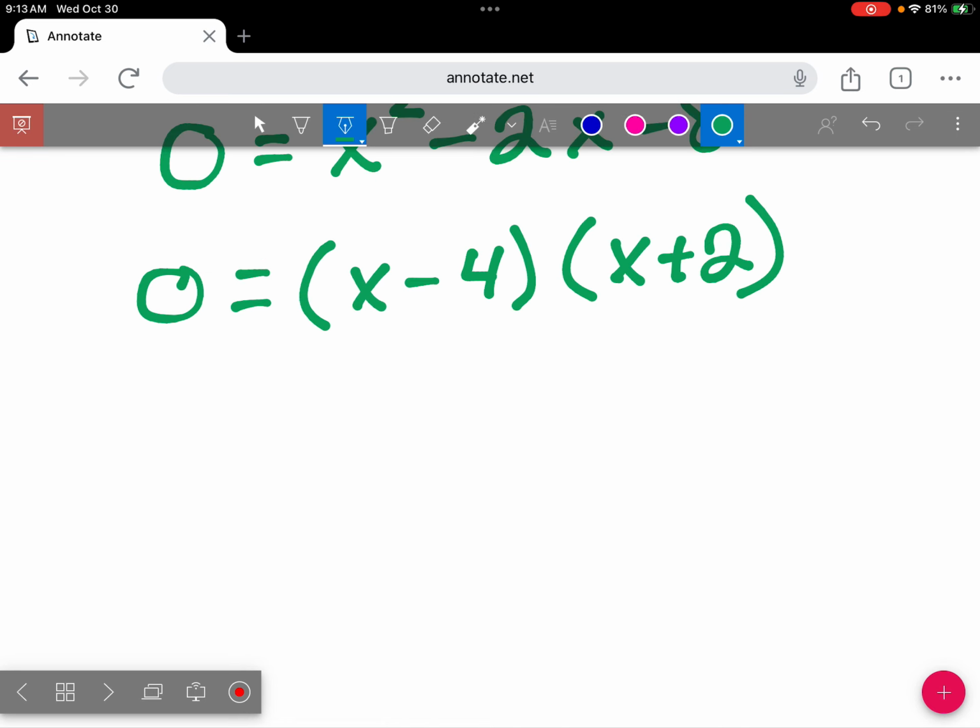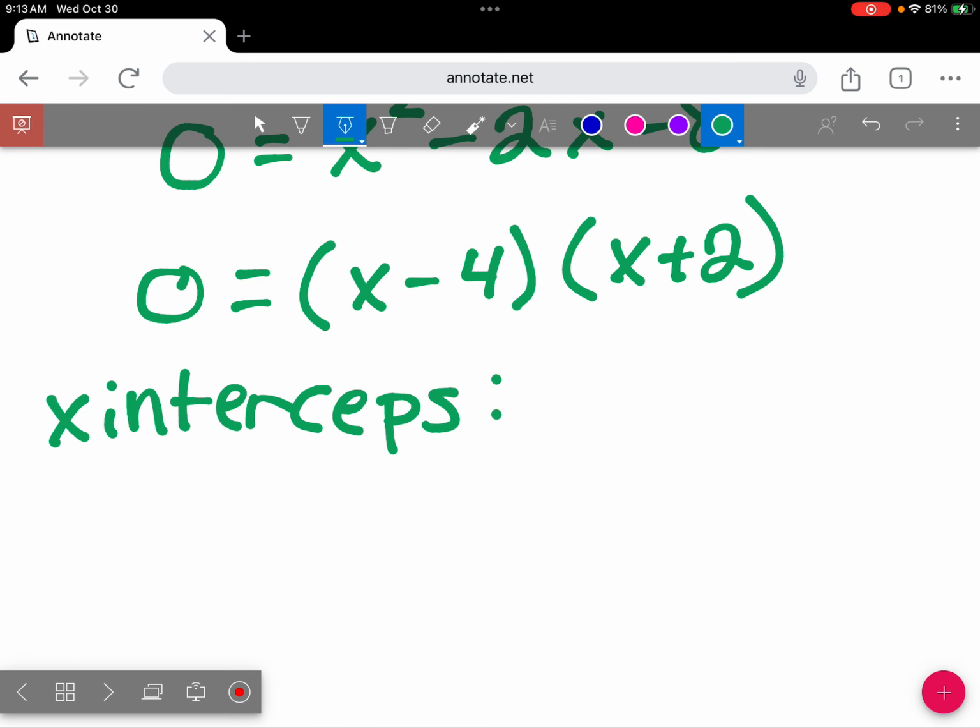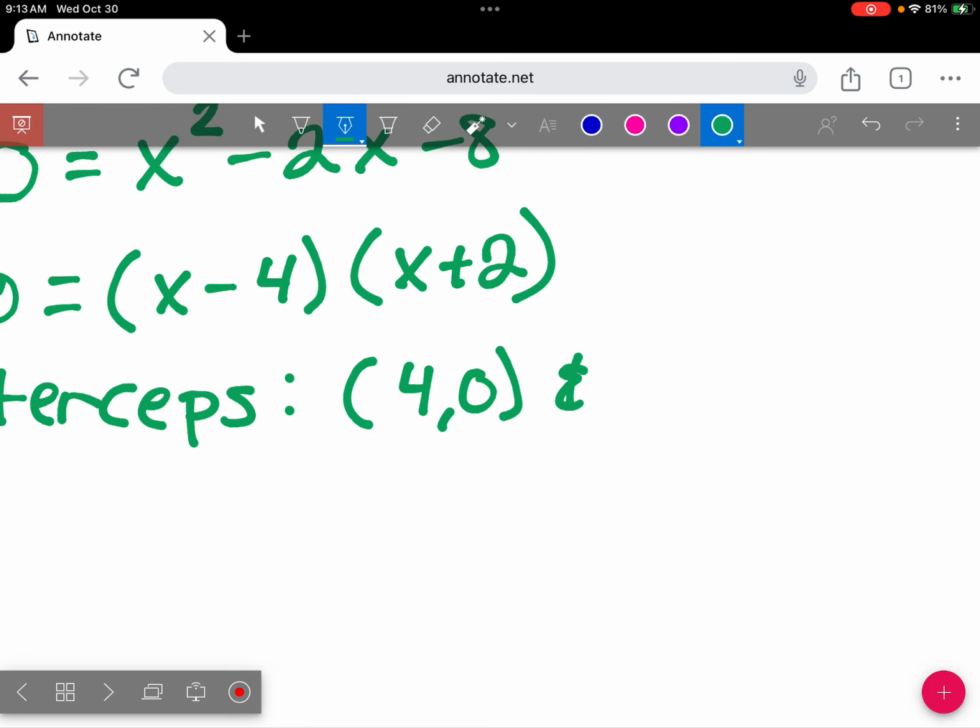So our x-intercepts are happening where? Positive 4, 0, and negative 2, 0.